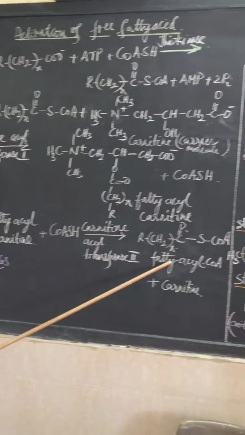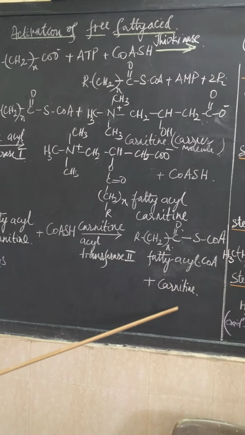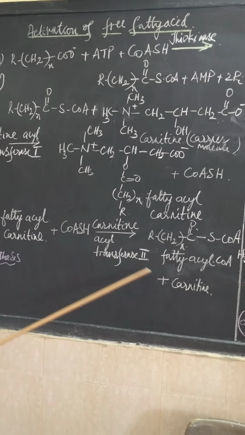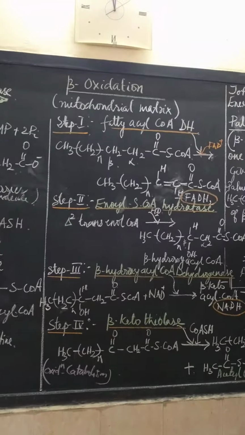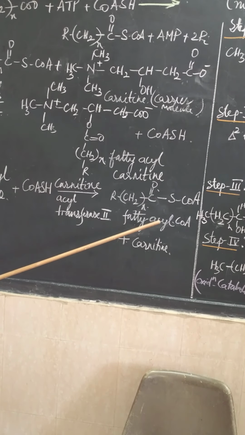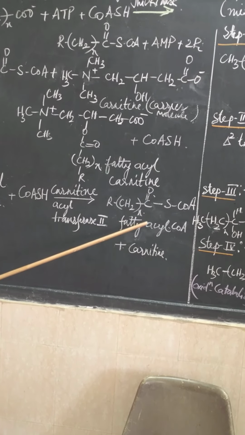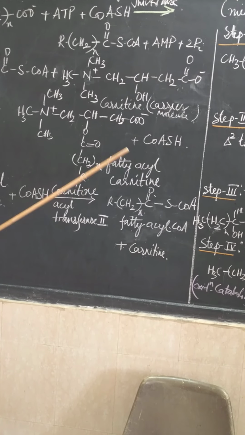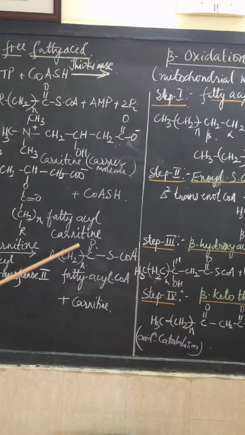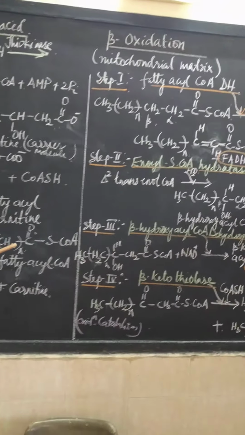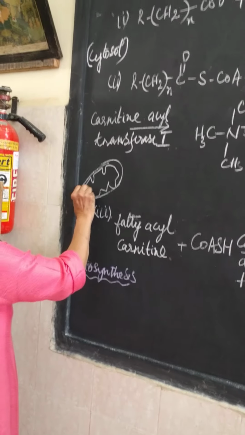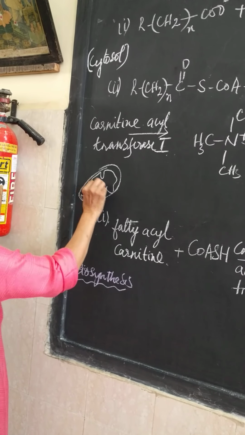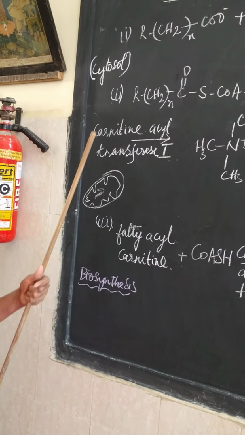Free fatty acyl CoA is left and carnitine is released back. This is necessary because the mitochondrial membrane is highly impermeable. Only certain components with the use of carrier molecules can enter the inner mitochondrial membrane. You know that mitochondria has two membranes. The inner membrane has a lot of invagination, and this portion we call the matrix.